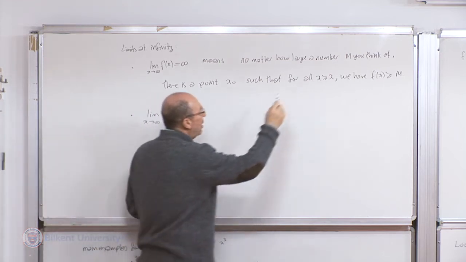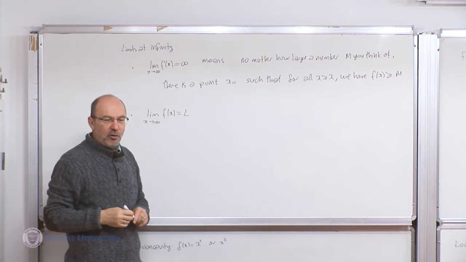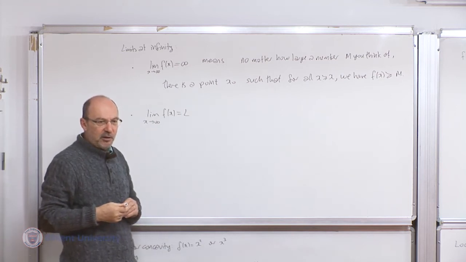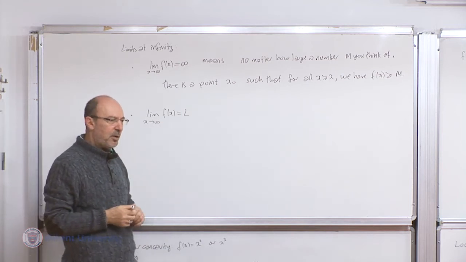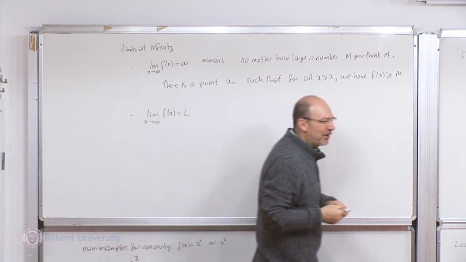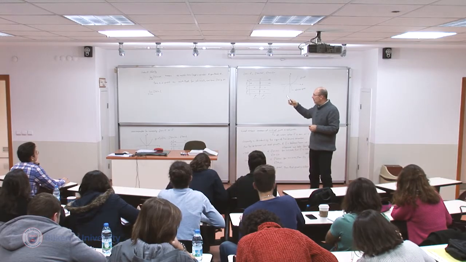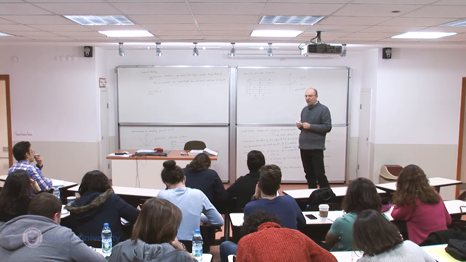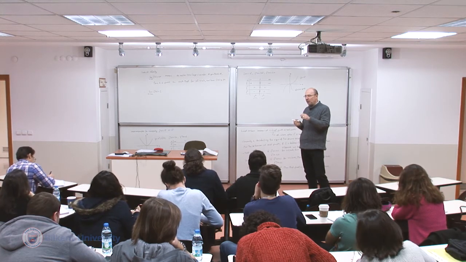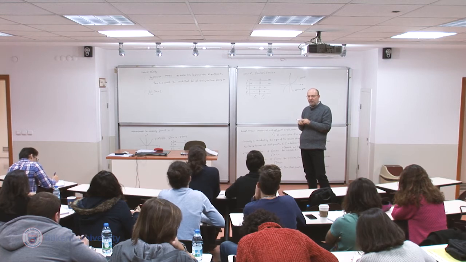Okay, so now here the idea of thinking of a large number is you are trying to think of a number close to infinity, and the function always passes that limit. Here the second limit is just the everyday limit. If the limit is finite, then after a certain point the function will be in a neighborhood of that number.